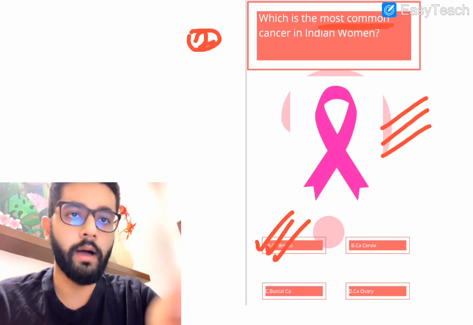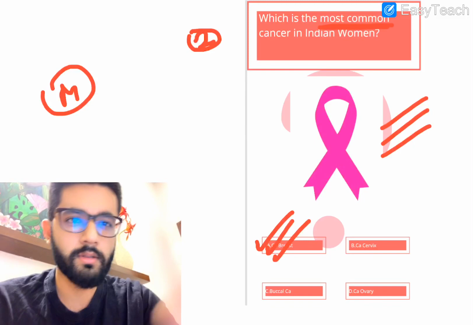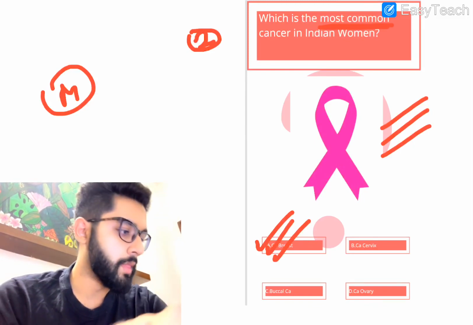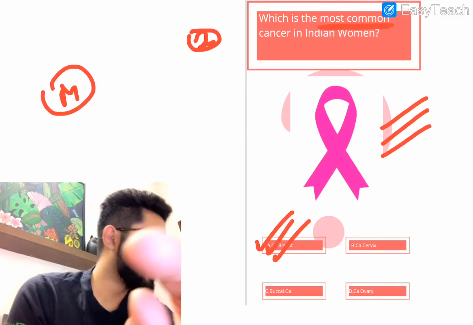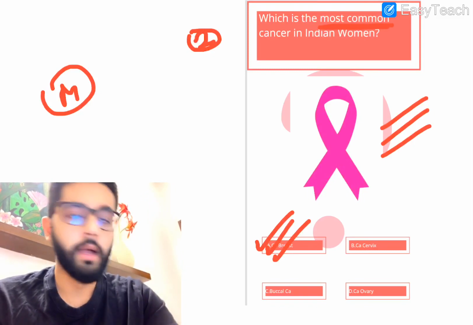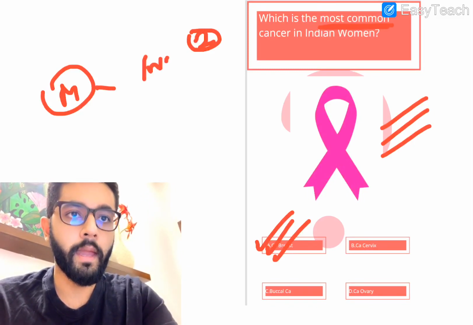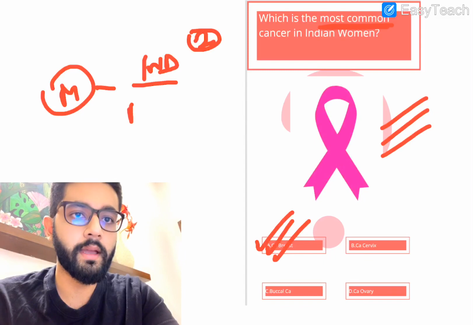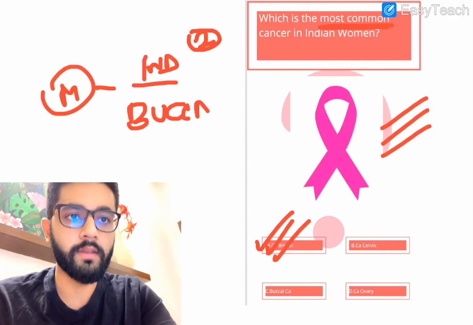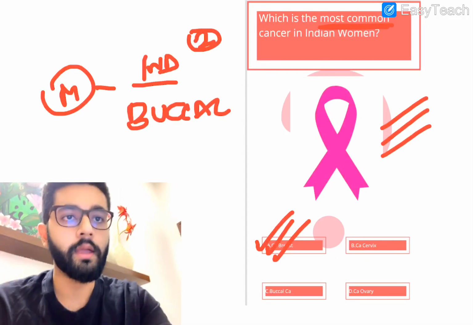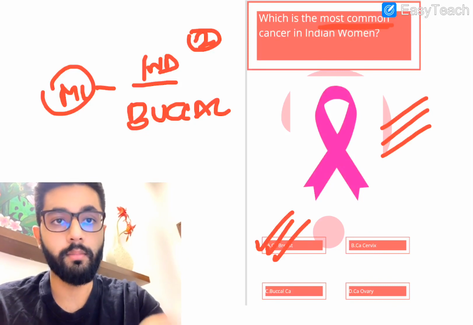So other than that, let's also just have a small word about the most common cancers in men, right? So in India and in the world, it differs. So in India, the most common is buccal CA, that is CA oral cavity and lip, and this is in men. Okay, men.